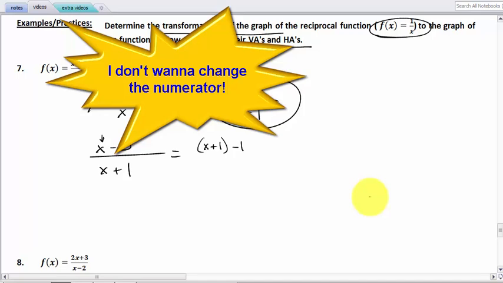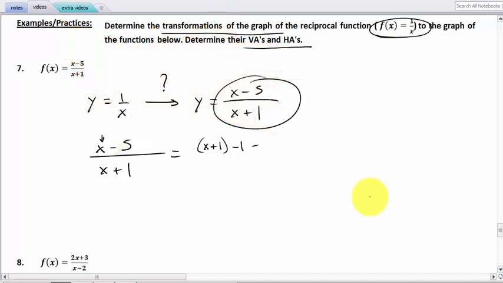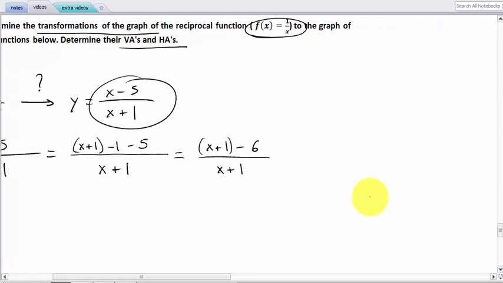That's minus 1, so that's just x basically, and then minus 5. And I don't change my denominator, of course, x plus 1. So why do we do that? Because this is x plus 1 minus 6 over x plus 1. And now you can break this into two fractions, x plus 1 over x plus 1 minus 6 over x plus 1, which is 1 minus 6 over x plus 1.